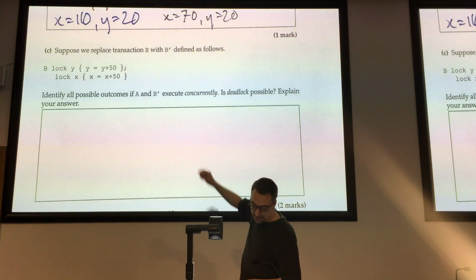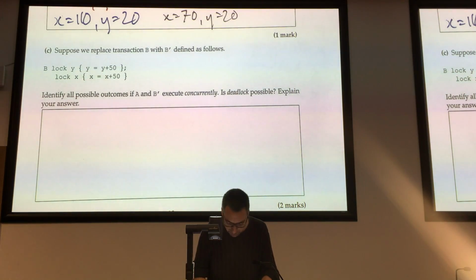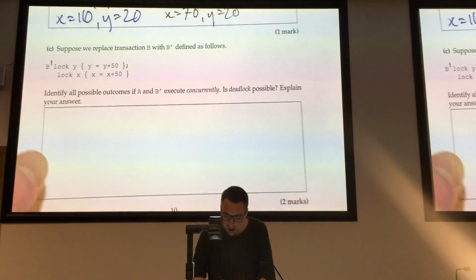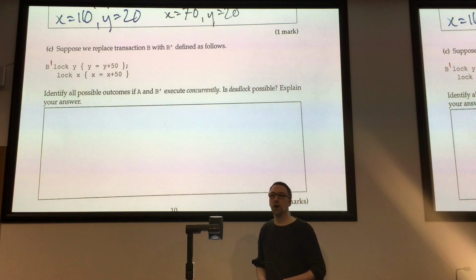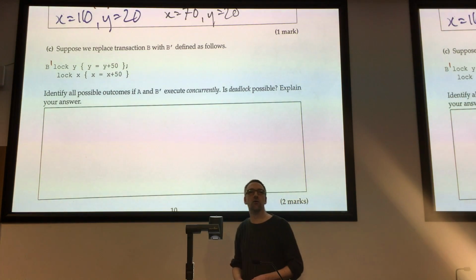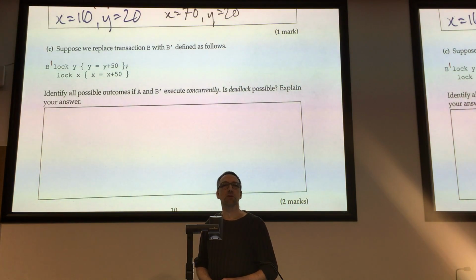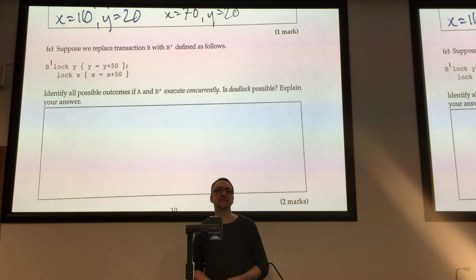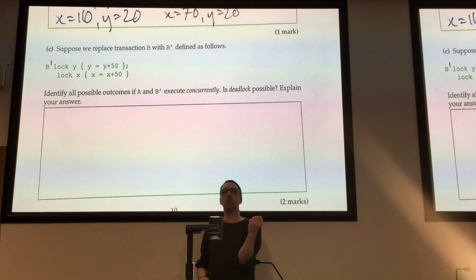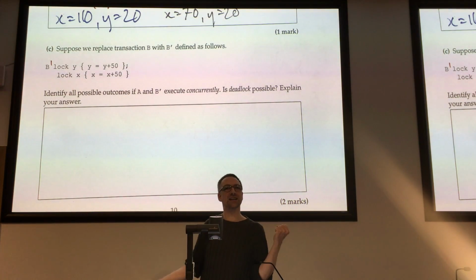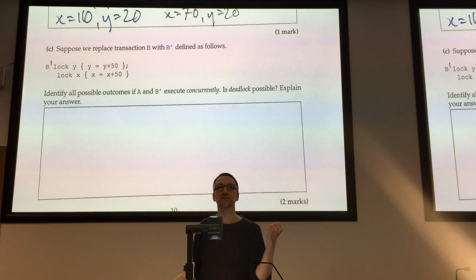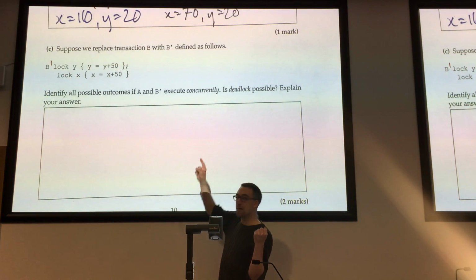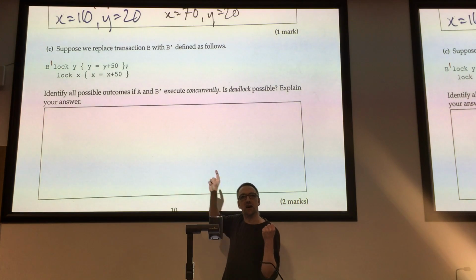This process, this should be B prime, of course. This process will release its lock on Y before it attempts to take its lock on X. It's never in the situation that it's holding one lock and trying to access something else. So no deadlock here.